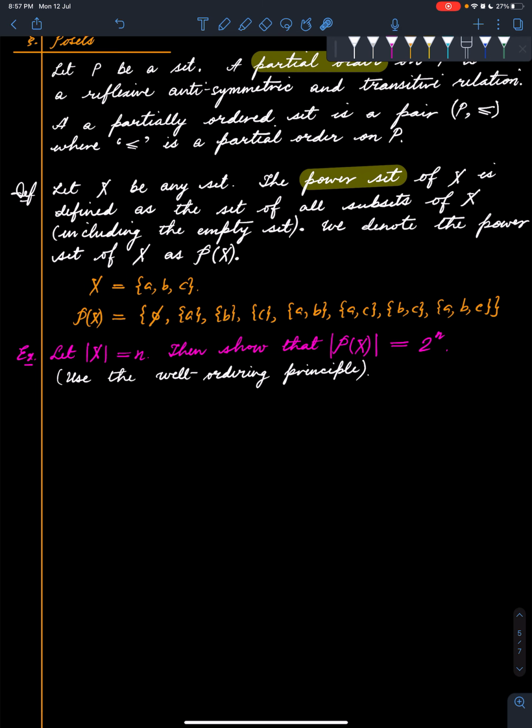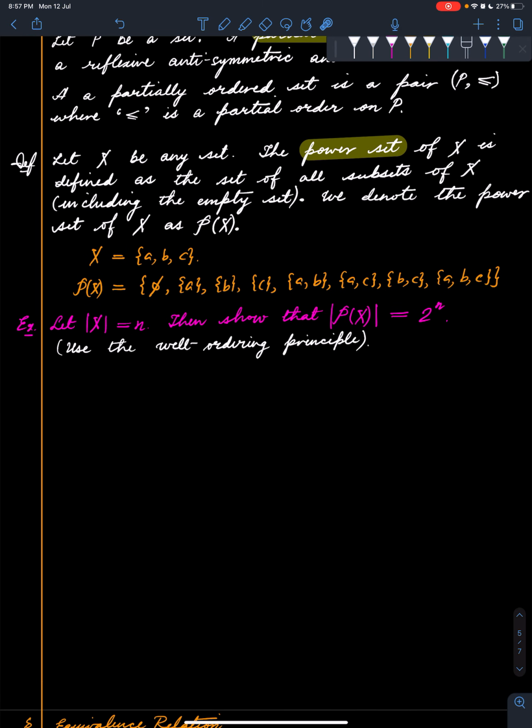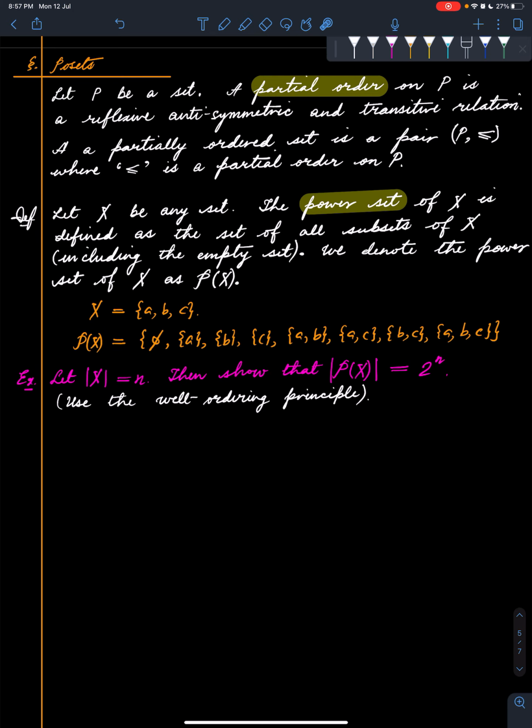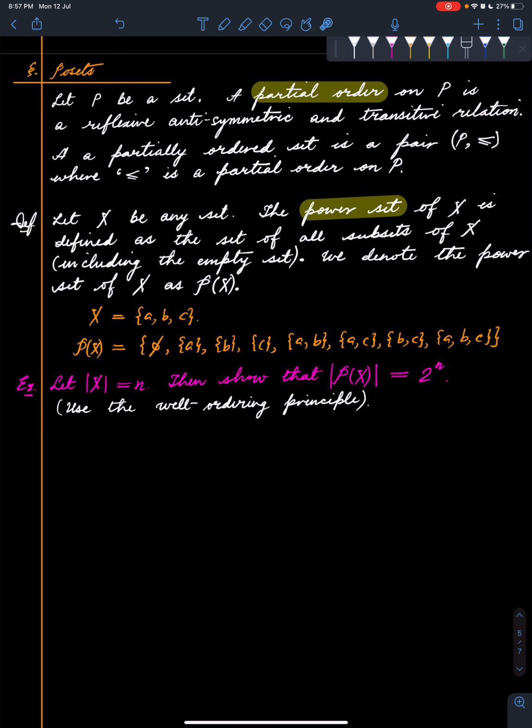So that's the definition of the power set, and now we'll give a poset structure, a partial order on the power set of any set. A partially ordered set is called a poset. So we take the P, we take the O, and we take the set.